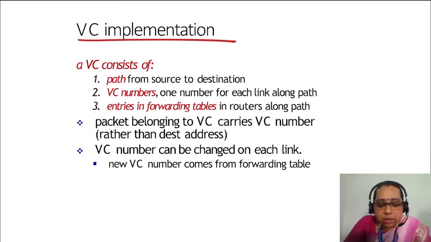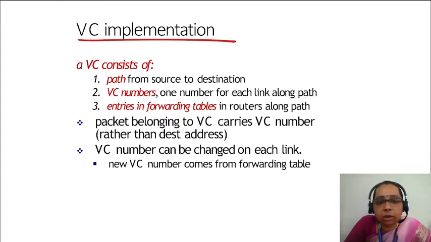VC implementation: a virtual circuit consists of a path from source to destination. Virtual circuit numbers are required, one number for each link along the path.